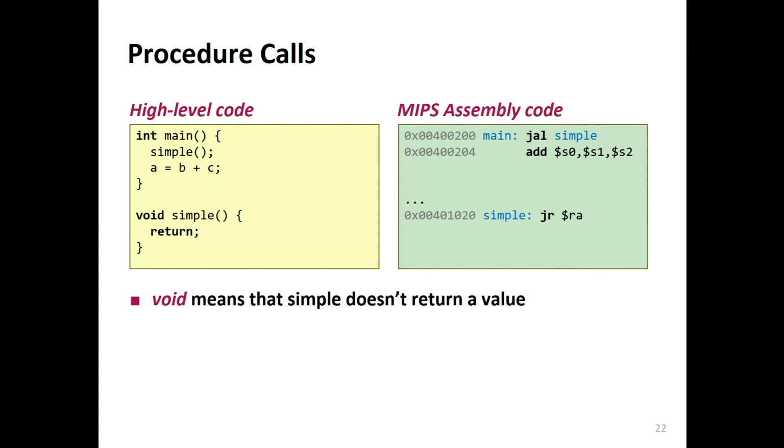Yes? What does the "and link" stand for? All right, JAL stands for jump and link. It means that you're not simply jumping to this simple location. What you're doing is storing the next address of this JAL into a special location so that simple, the one being called, knows where to return to continue on with the execution. Can we access that address without the JR? Well, not exactly.